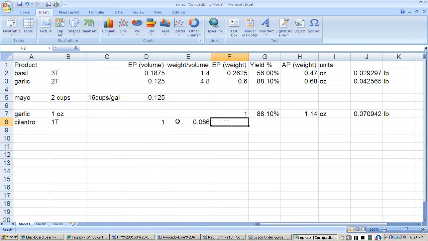I have 1 tablespoon. You really don't have to multiply that out, hopefully, to see that you have 0.086 ounces, and it was 46.4.